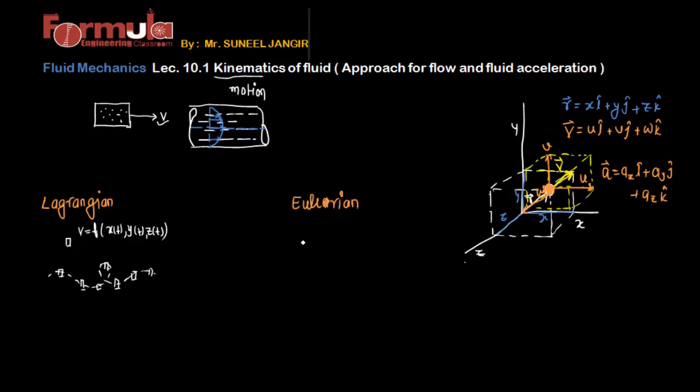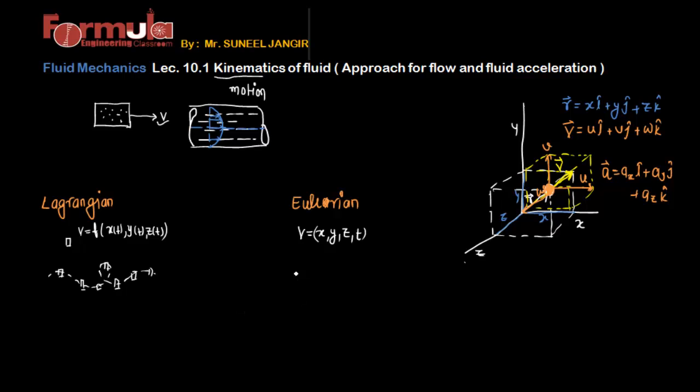So in that case, the space coordinates are not functions of time. Actually the velocity is a function of space coordinates and time. Means the Eulerian approach is a stationary approach or a point approach. In that case the velocity is a function of x, y, z and time.